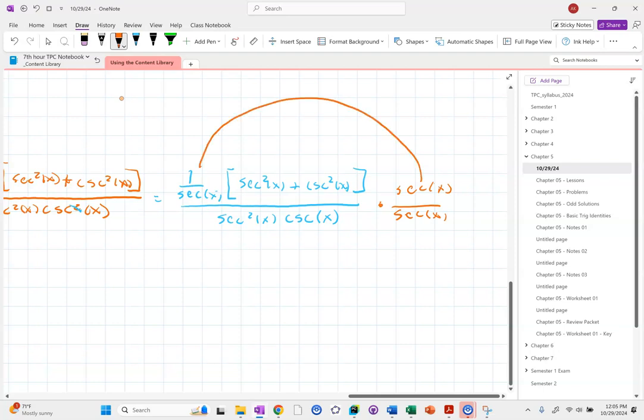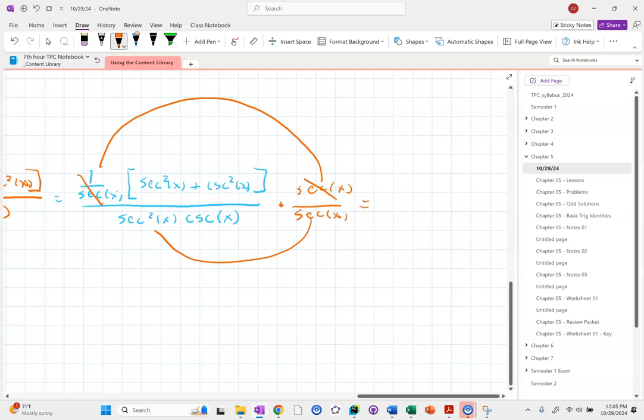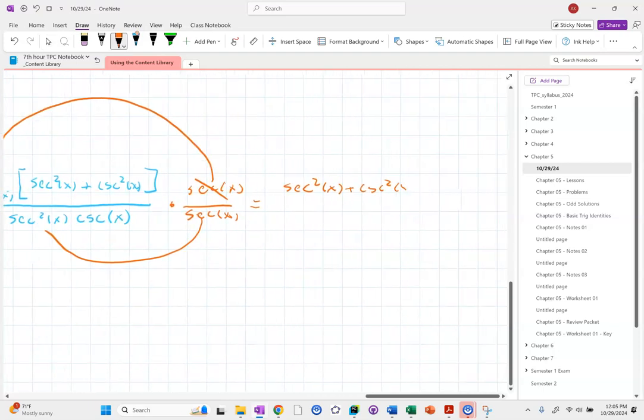So when that multiplies to there, those can cancel, right? But this then multiplies to there, and we get a secant cubed. But that would be okay to do. Right idea, wrong execution, I guess.